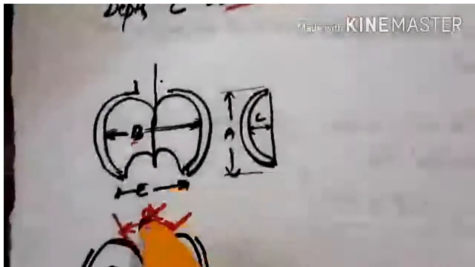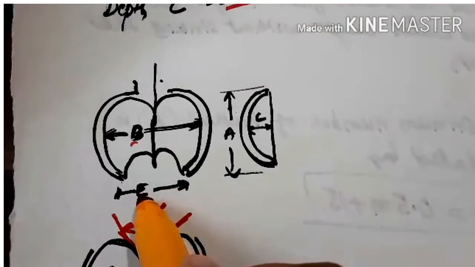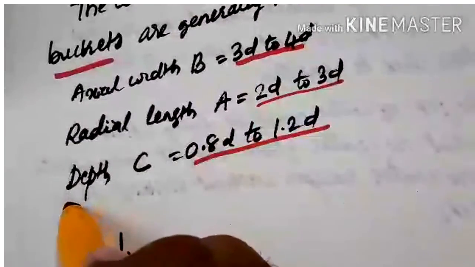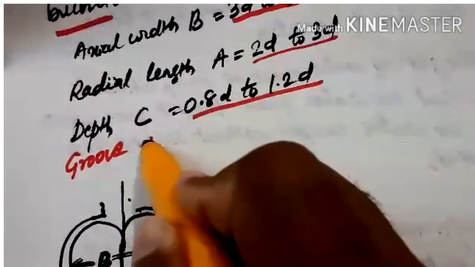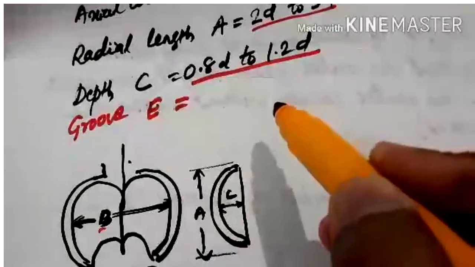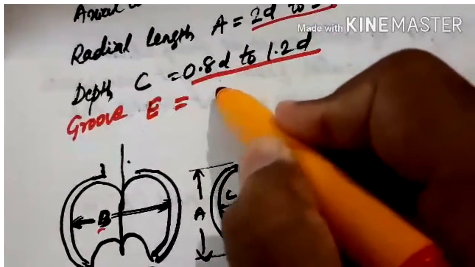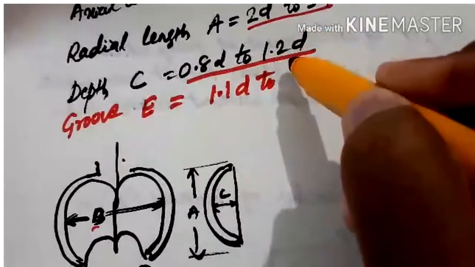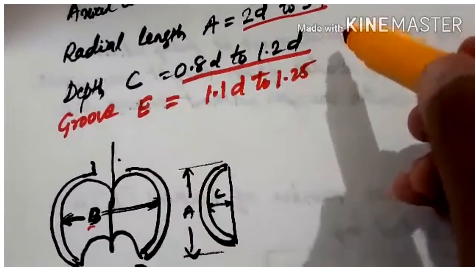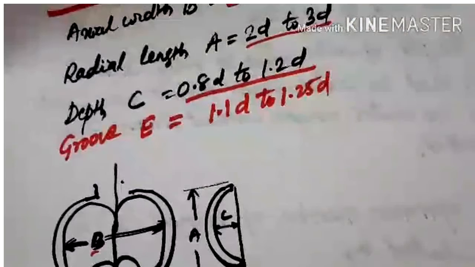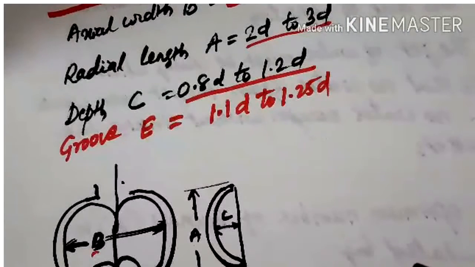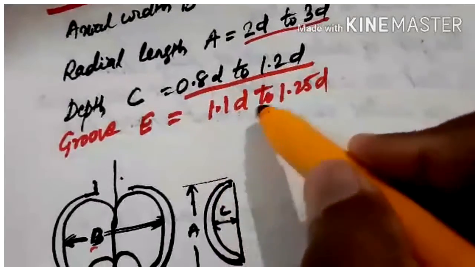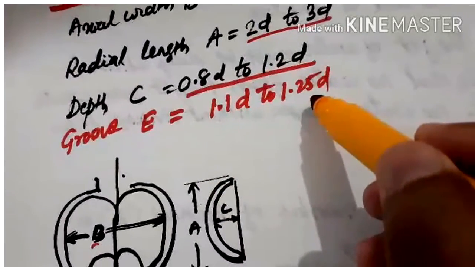One more is the groove length E, which is to be taken between 1.1 times D to 1.25 times D, and also this is 1.1 times D to 1.2 times D.